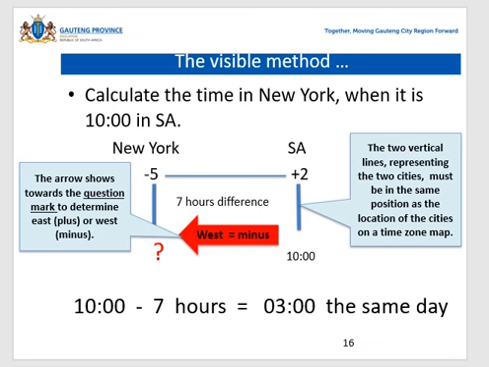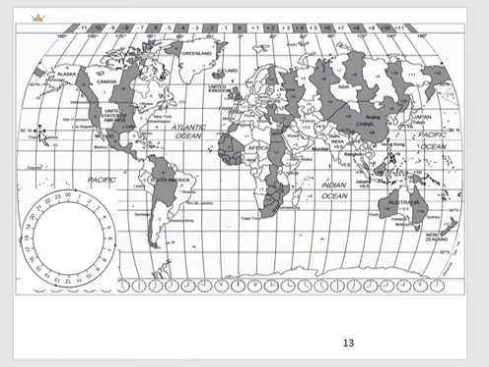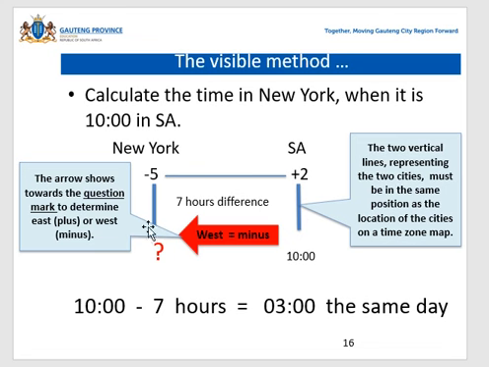If I give you a time zone map that looks like this, you are going to see, if I start here, the first city that I'm going to get is New York. And if I continue here, I'm going to get South Africa. So I'm going to have a line here that represents New York, and a line here that represents South Africa. That is what we call the visible method.